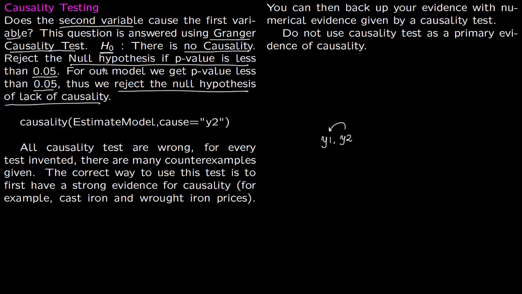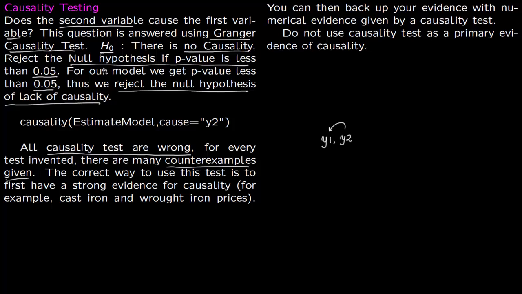A few words about causality tests. There are many causality tests other than Granger causality. This was the first one, and it is the most popular one. But you have to keep in mind this: all causality tests are wrong. For every test invented, there are many counterexamples showing that the test is giving causality between wrong data series.